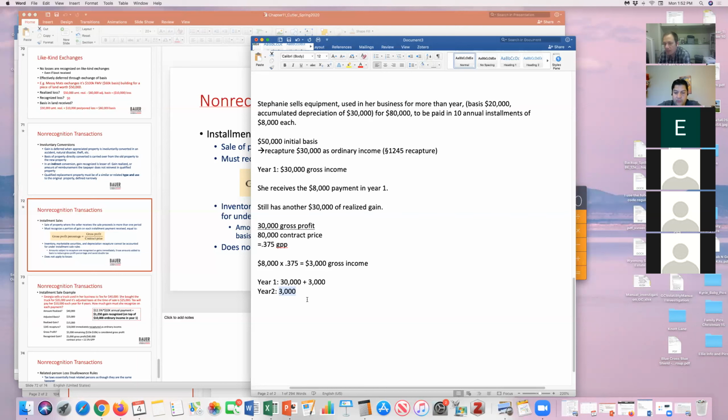If she has other 1231 gains and losses, she'll net them together. She would do the look back in year one. But if she doesn't have losses that reduce these, they'll be treated like long-term capital gains, but they'll be 1231 gains.